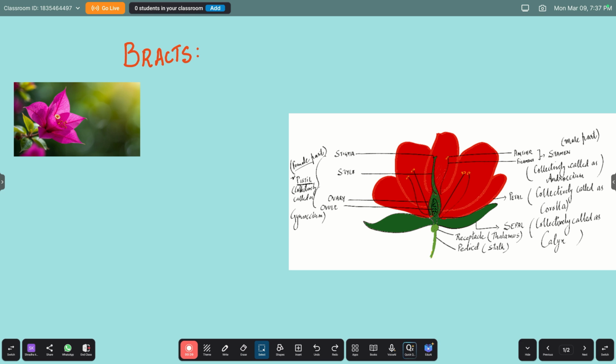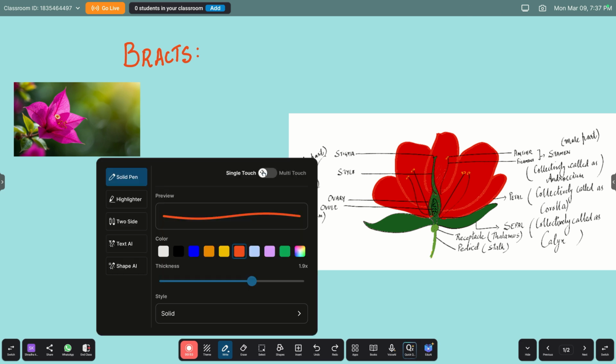when we talk about this, we say that whenever a flower arises in the axil of a leaf-like structure, axil meaning the axillary part.